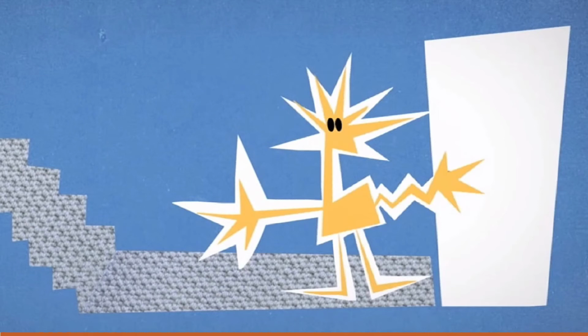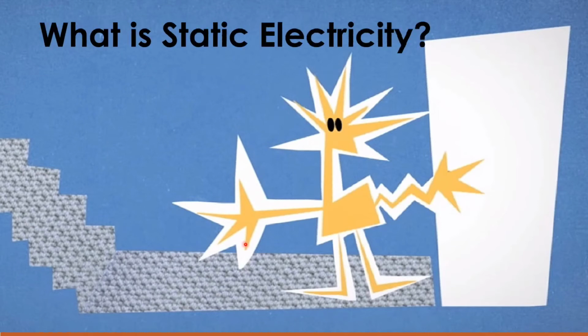Alright, so what is static electricity? We will know this later on our next slides. What is static electricity? It can strike without any warning at any moment. You may be walking on the carpet and suddenly it happens.